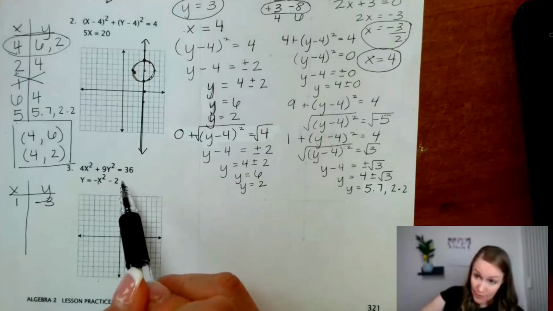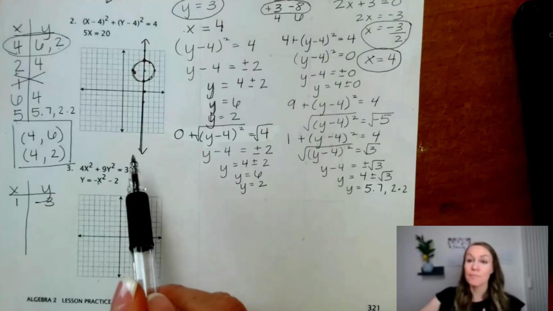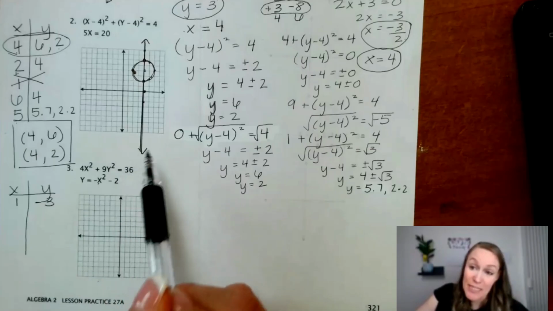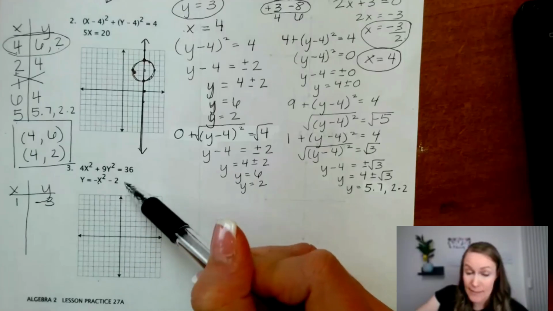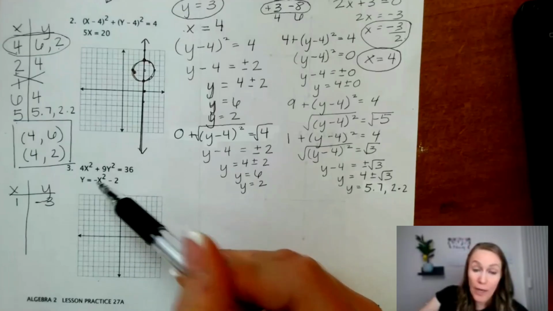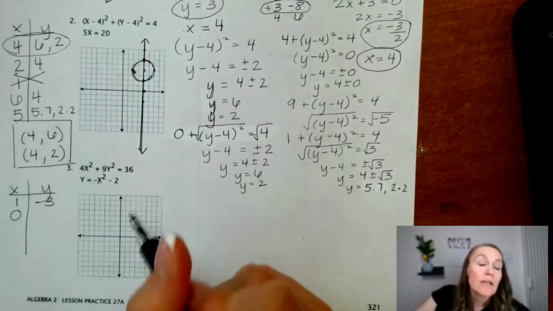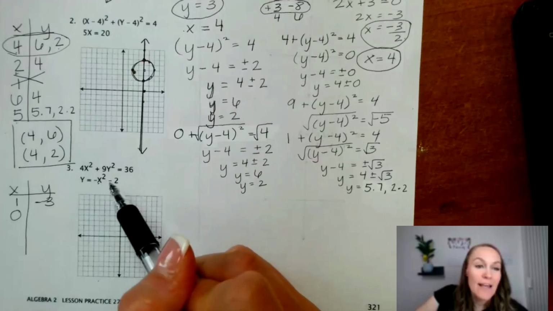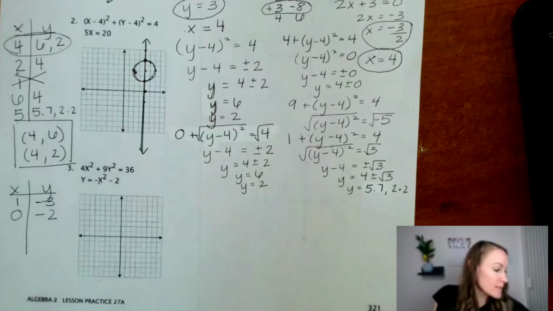That tells me, because it's negative b over 2a, that because b is 0, it's going to be right on the y-axis. So x is going to be 0. When x is 0, that is going to be my vertex. So let's go ahead and solve this. So 0 in for x, and then I get y equals negative 2. So that is going to be my vertex.